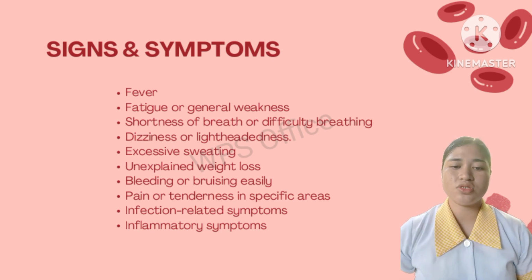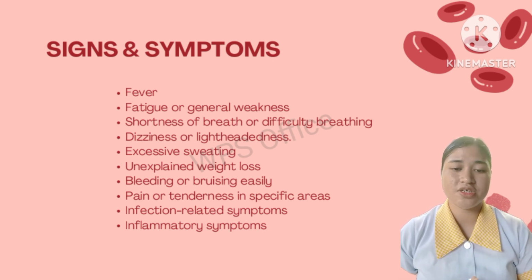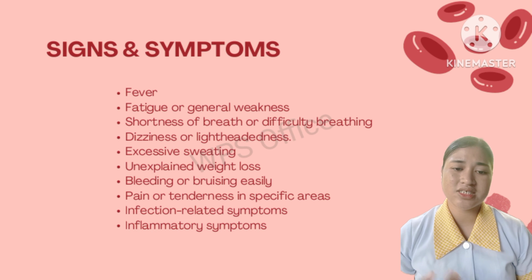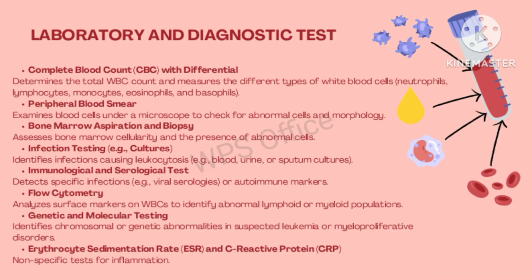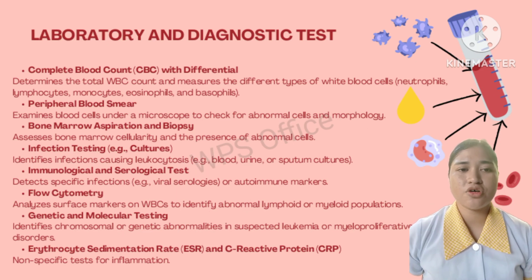So the leukocytosis itself does not cause specific symptoms, but these signs arise from the conditions that are causing the elevated WBC count. Proper diagnosis and treatment depend on identifying the underlying cause. So let's move on to the laboratory and diagnostic tests of leukocytosis.